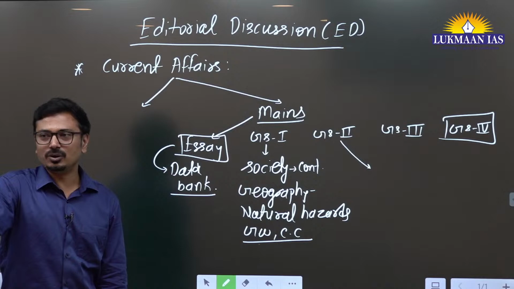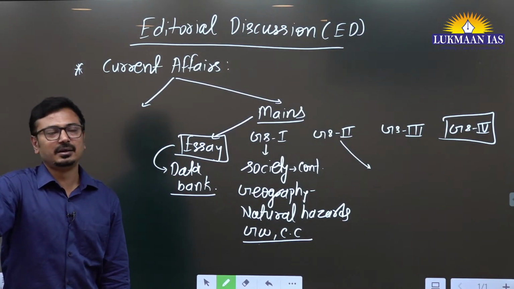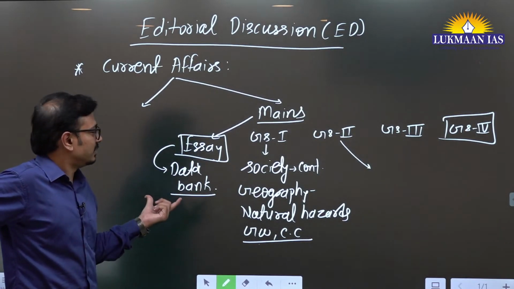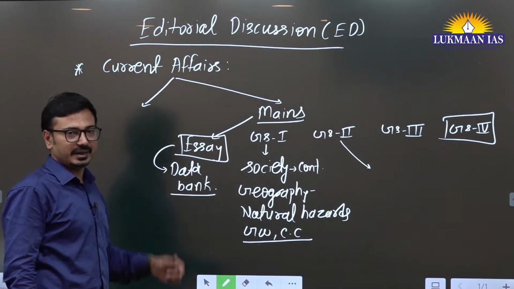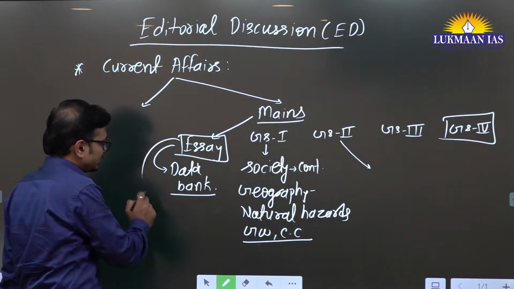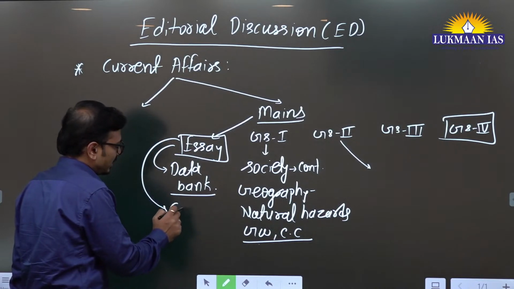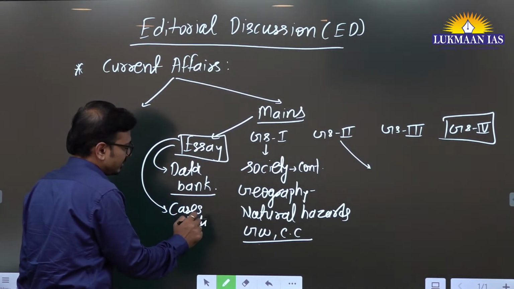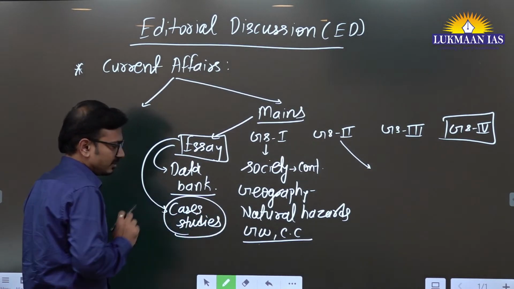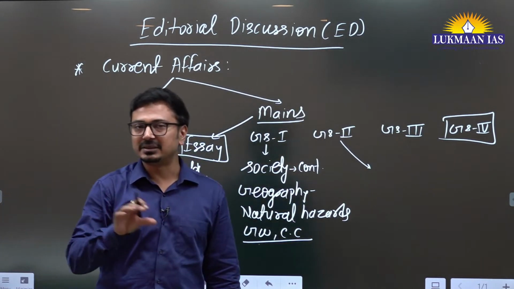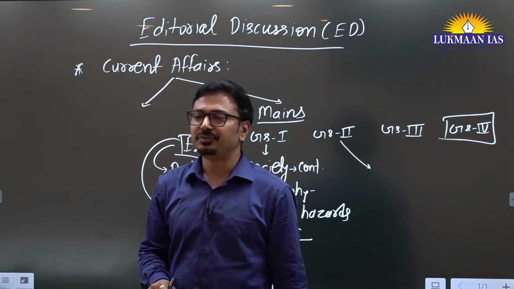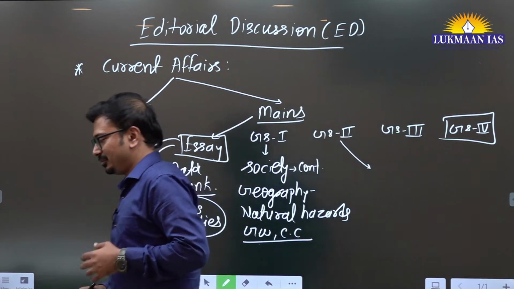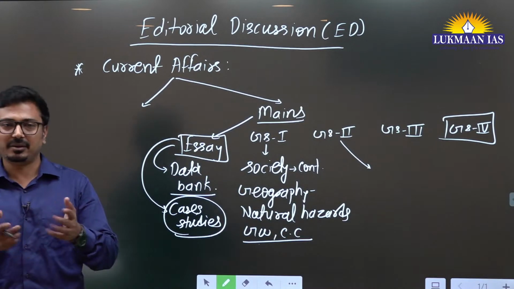Of course, many times writing examples and data references is very important in an essay. The second important aspect is, for an essay, you can write certain cases or case studies, we can say. Certain recent developments. If, let's say, there is, again, the same topic, I would say child marriage.